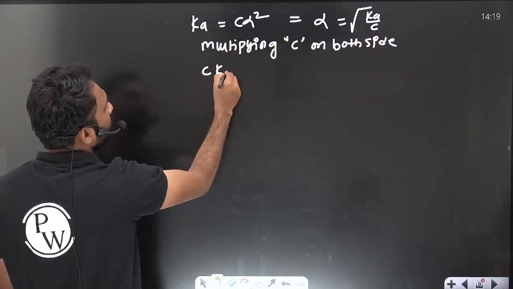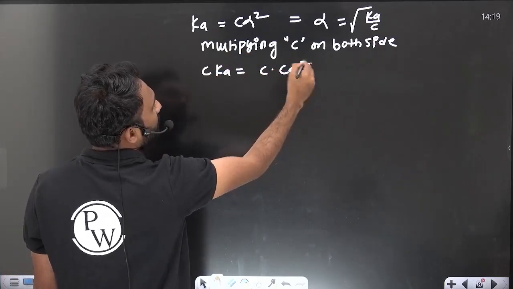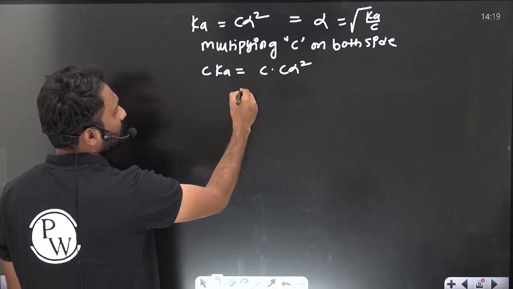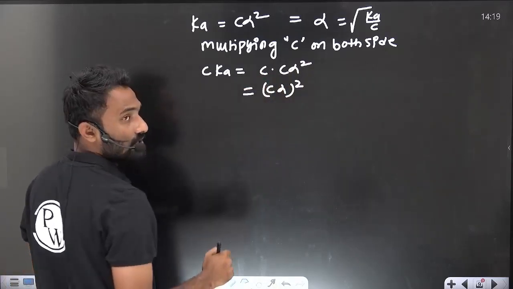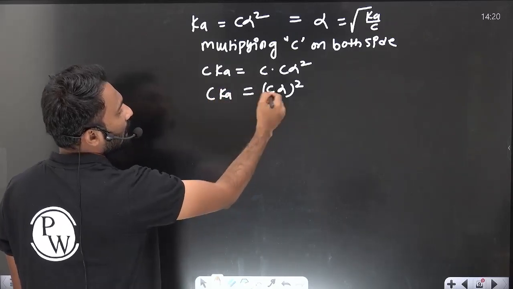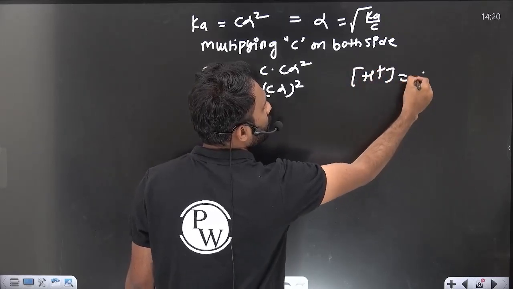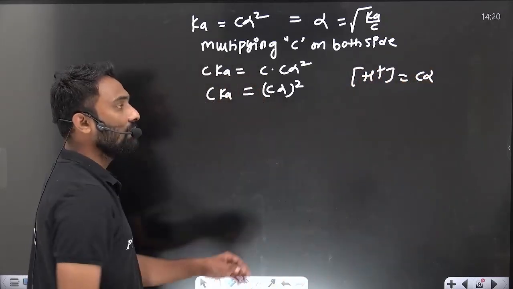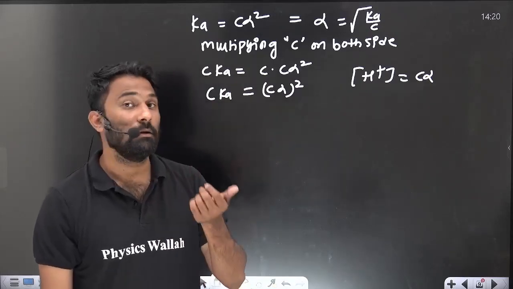C into Ka is equal to C into C alpha square, that is, C alpha whole square, since C into C square. Now C alpha is the H plus ion concentration, because we need the pH.